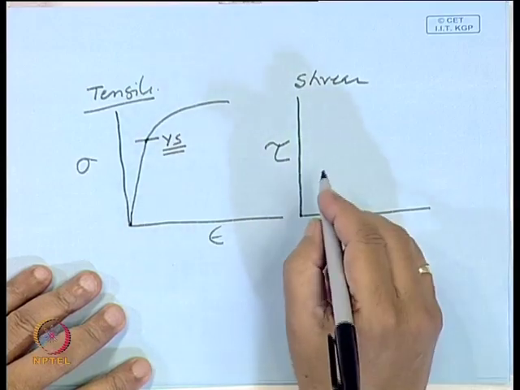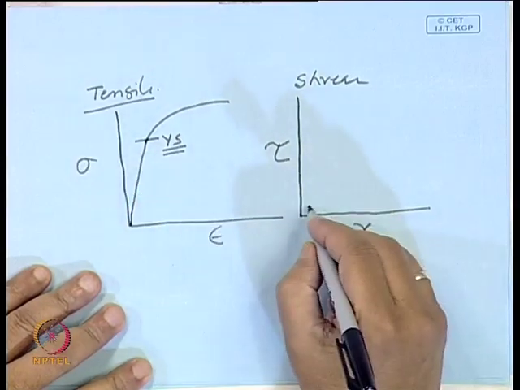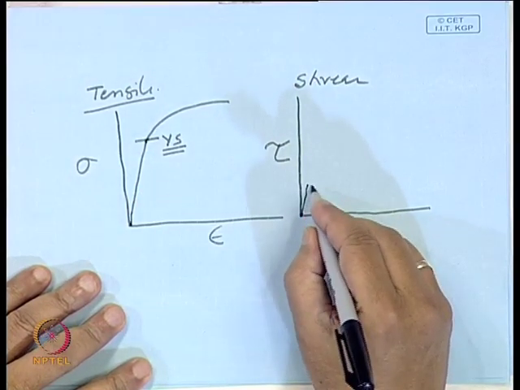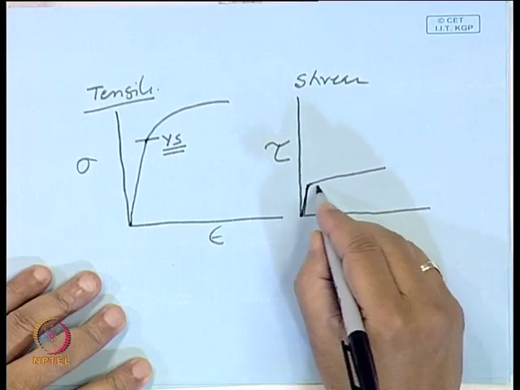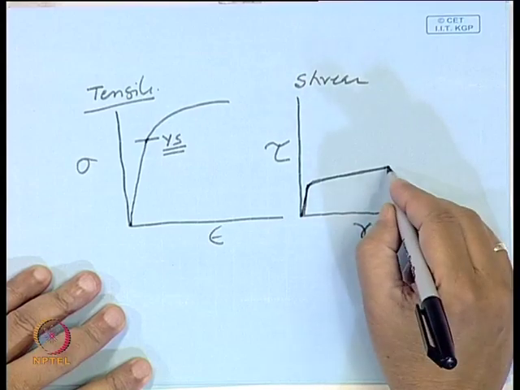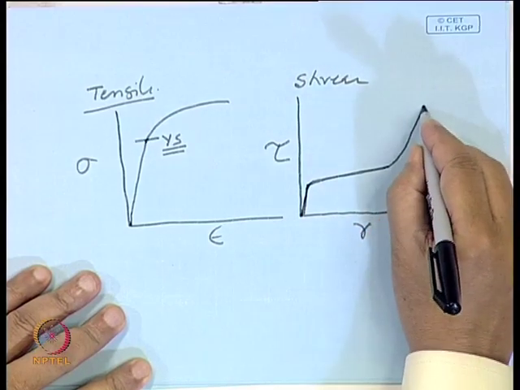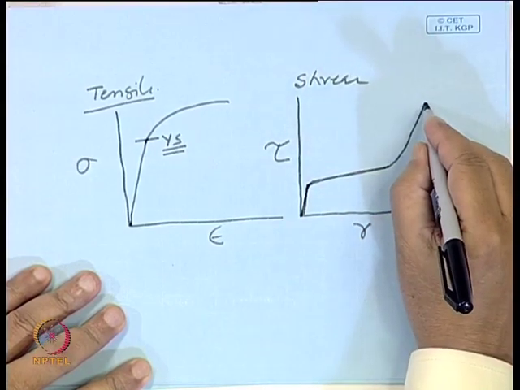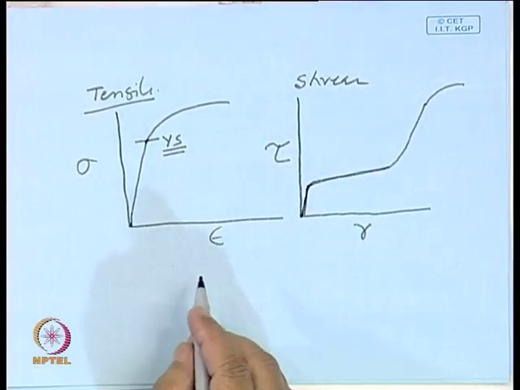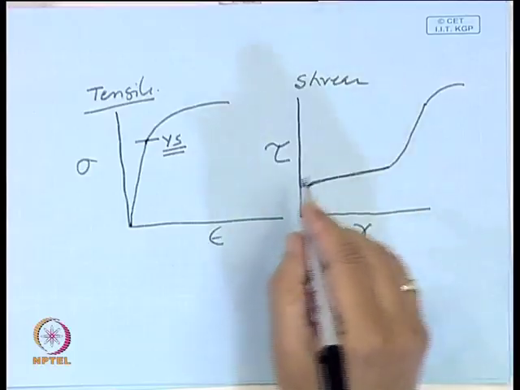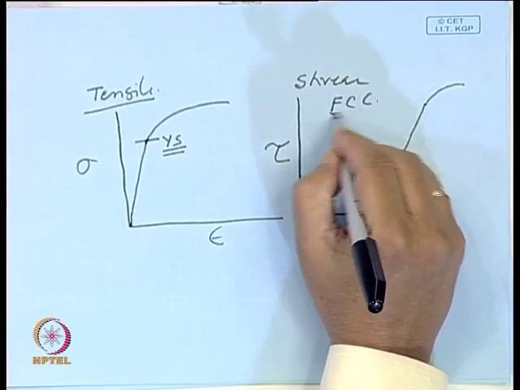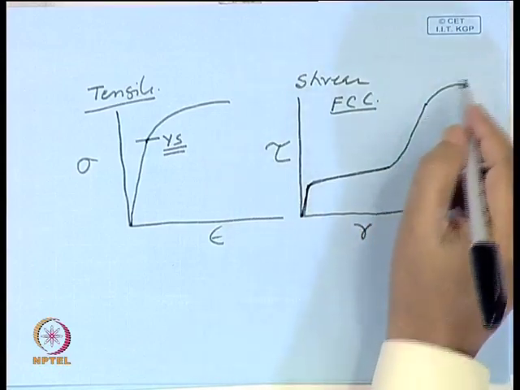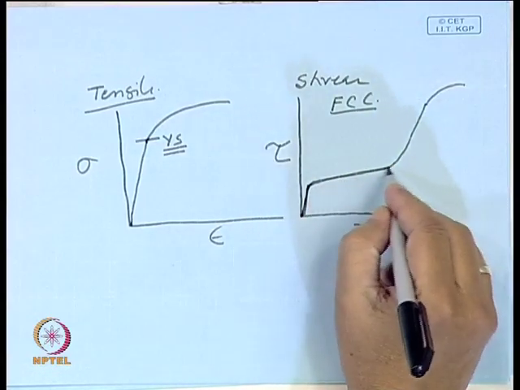Here also you will have a similar plot, you will have something like an elastic part, and then you will have a region like this, then a region like this, and then like this. So, that means a typical stress strain diagram of, let us say, a face centered cubic crystal will have these distinct stages.